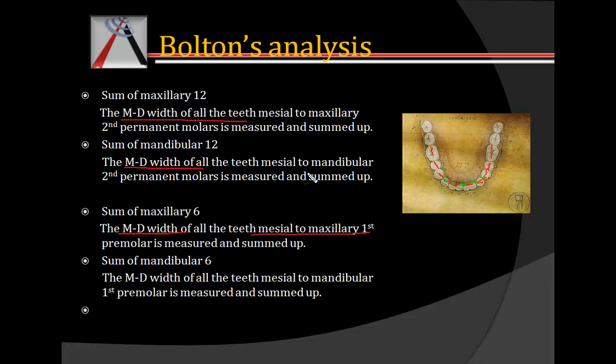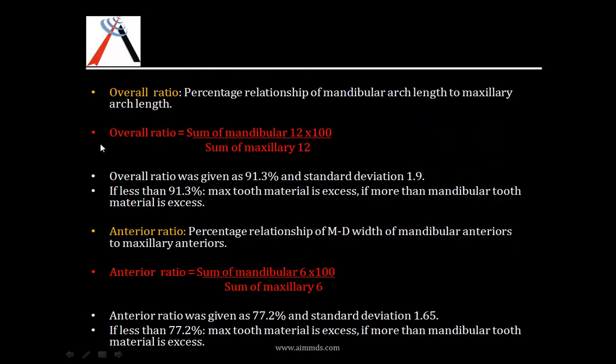This is for the anterior ratio. Next, we use these values in the formulas. For the overall ratio, we use the formula sum of mandibular 12 into 100 upon sum of maxillary 12.